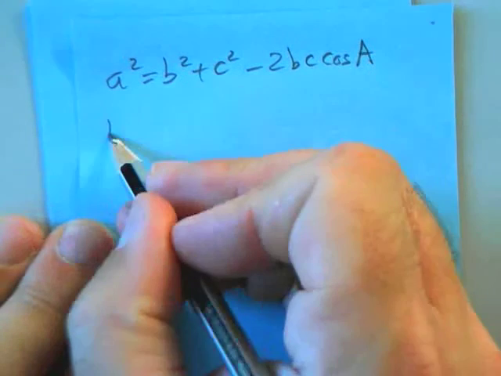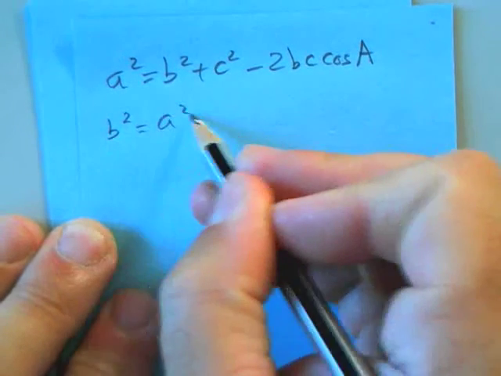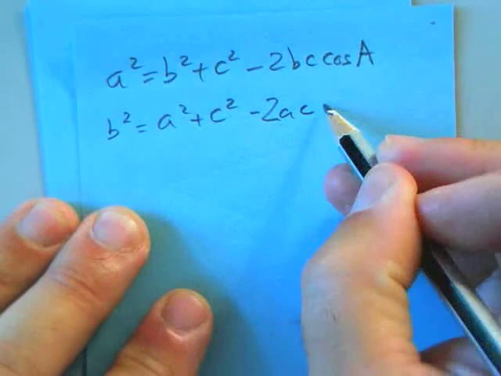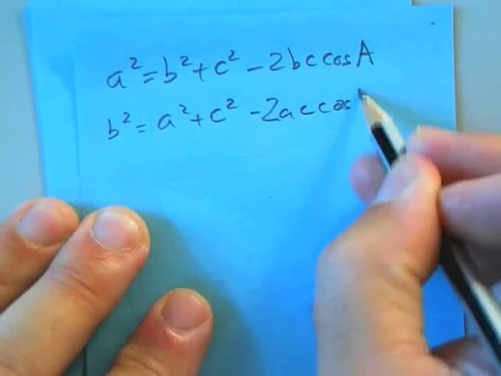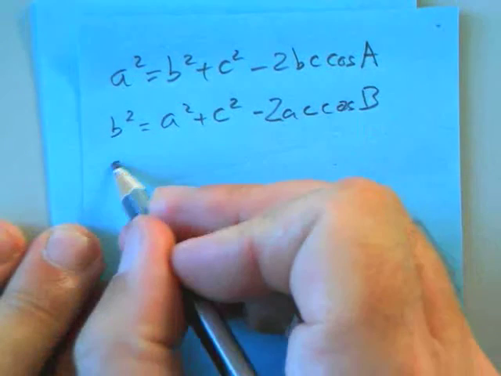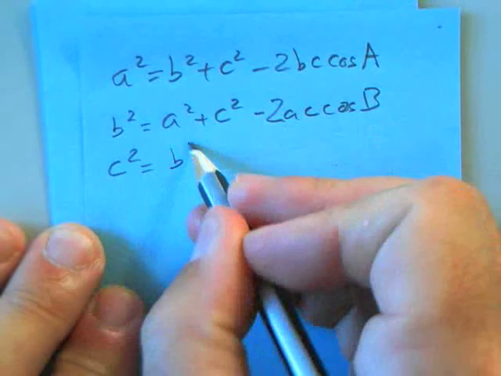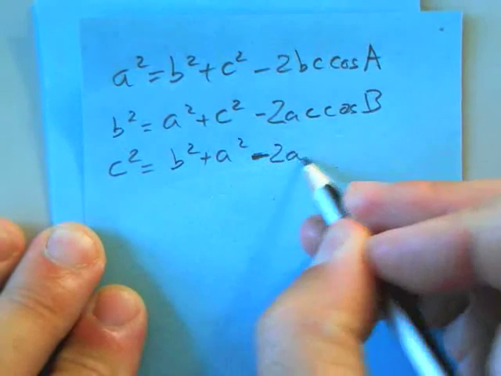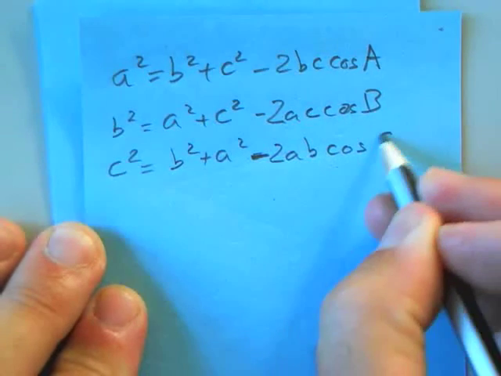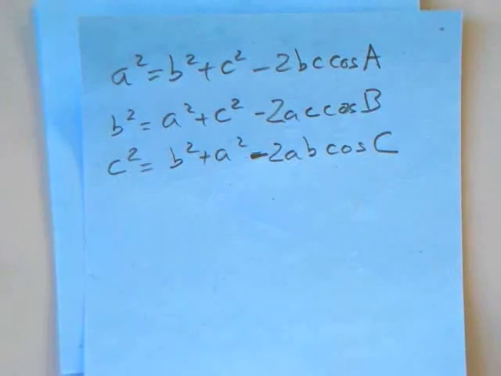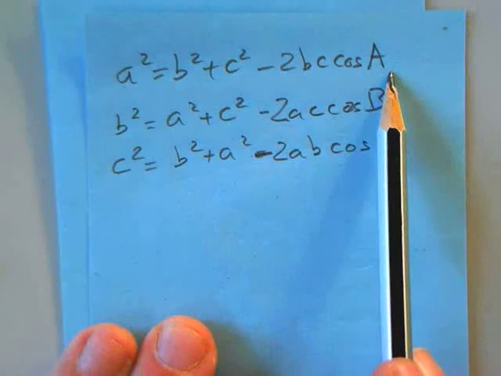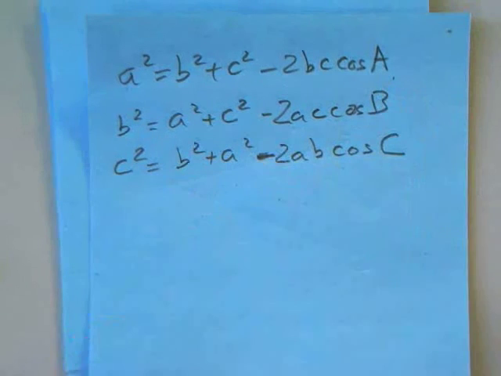You could have b squared equals a squared plus c squared minus 2ac cosine B. And you can also have c squared equals b squared plus a squared minus 2ab cosine C. All I've done is just swap letters about. The key idea here is that the one at the front should match the capital letter at the end. All the other letters have to go in wherever they go.